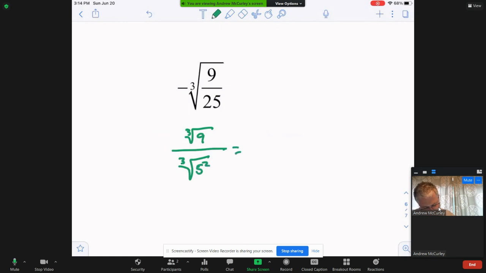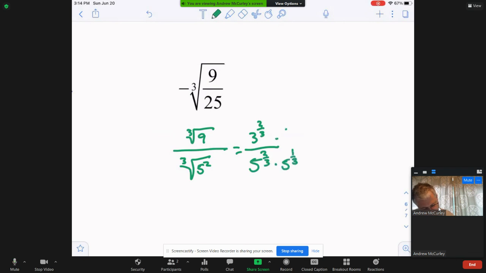And 9 is 3 squared too. So this is 3 to the 2/3, and this is going to be 5 to the 2/3. So what you have to do is multiply by 5 to the 1/3.